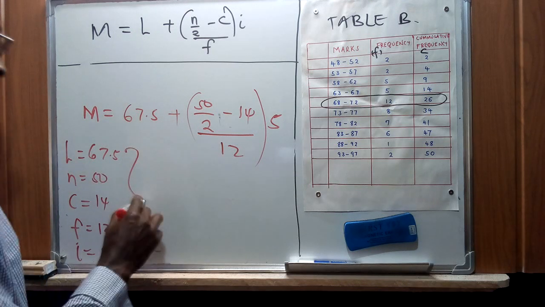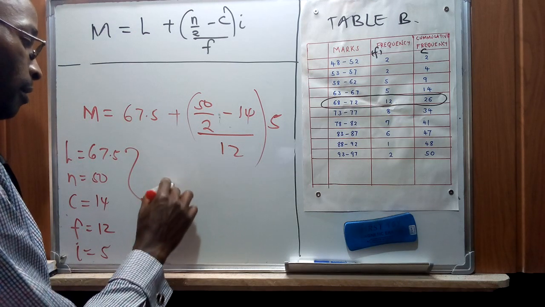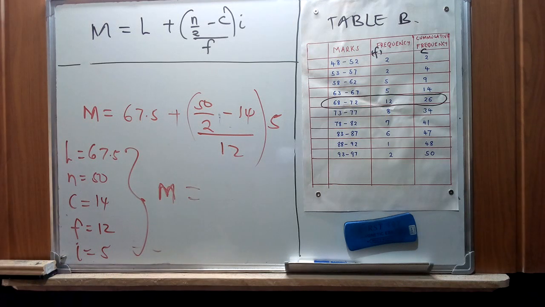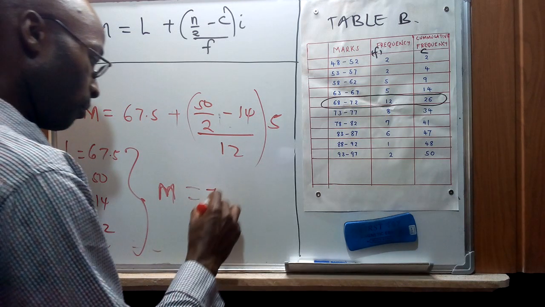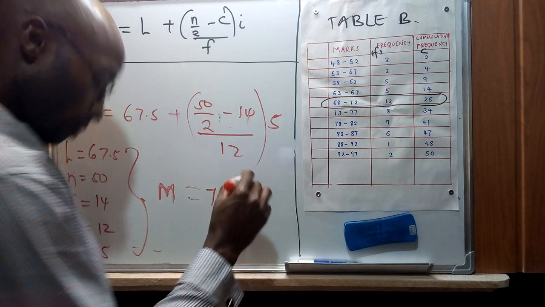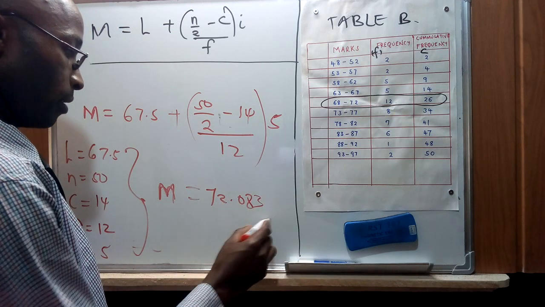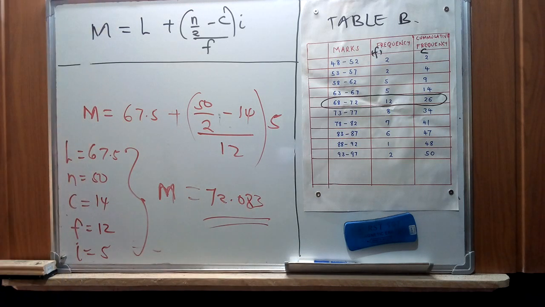Now this one for M is going to give us 72.083, of course, that is to 3 decimal places. And that is how we can find the median as a measure of central tendency.